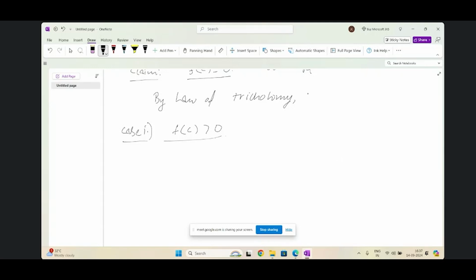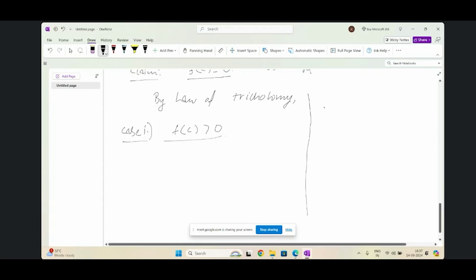Let me state the exercise separately. It says: let f from [a, b] to R be a continuous function such that f of c is greater than 0.